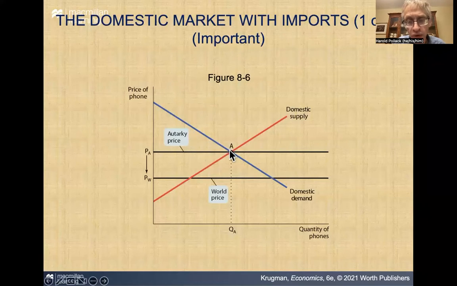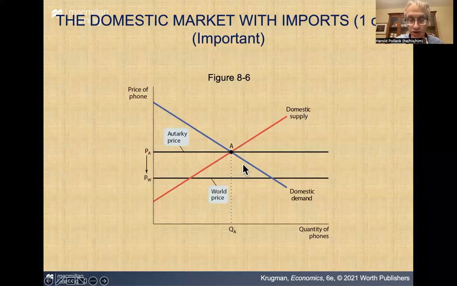All the people who were already buying phones before, they don't have to change any behavior. And this rectangle suddenly is additional consumer surplus that they're all getting. Okay? But now also, all these new consumers come in and they're going to get this additional consumer surplus.